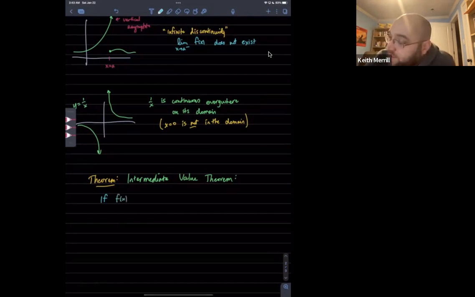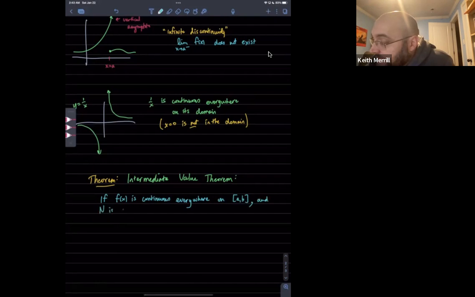So if f of x is continuous everywhere on an interval, a closed bounded interval [a, b], and let's say n is any number between f of a and f of b.